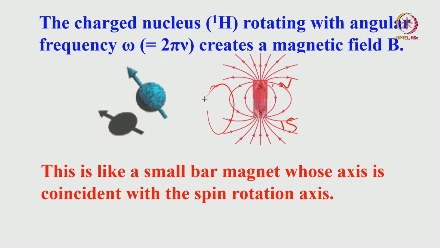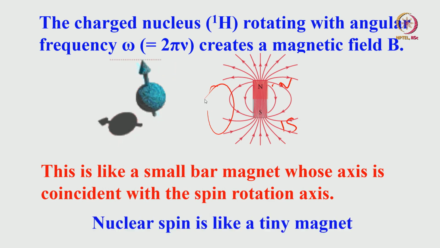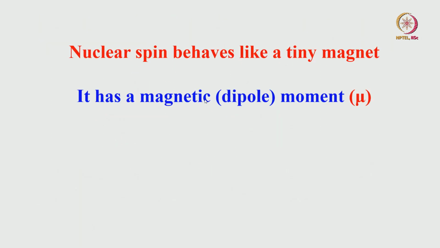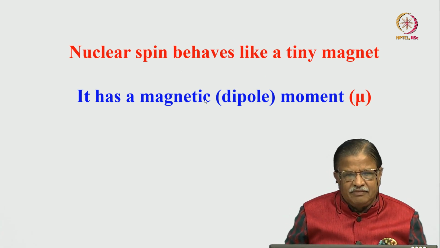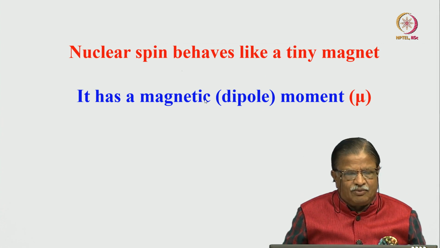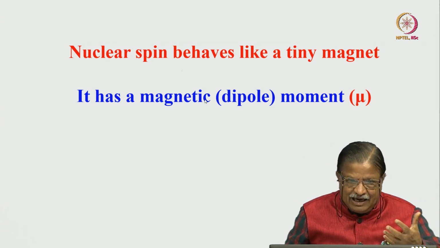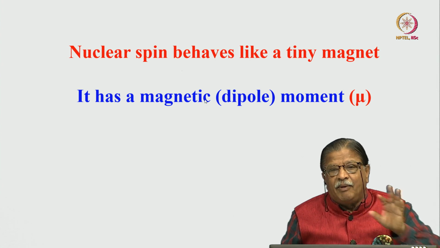For spin greater than half, I told you it is a quadrupolar spin. We have 4 poles, so it cannot be treated like a dipole. So if I am dealing with a spin half nucleus, I can treat the nuclear spin like a tiny magnet. You all know from your school days that when I say it is a magnet, I can define a magnetic moment.